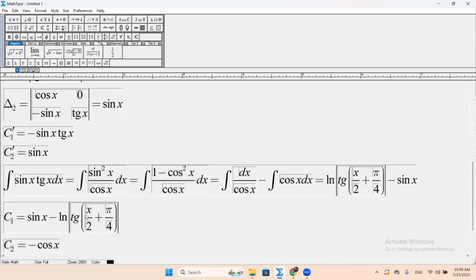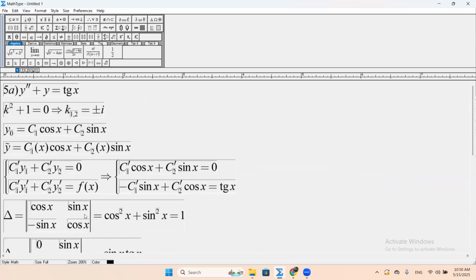So we found these constants. Again, for all non-homogeneous differential equations with constant coefficients, solutions are found by the following algorithm: the sum of the solution of the corresponding homogeneous equation plus a partial solution.